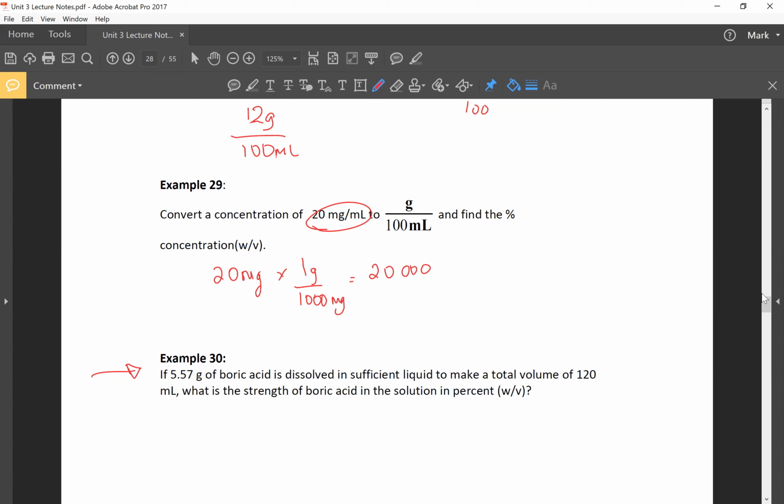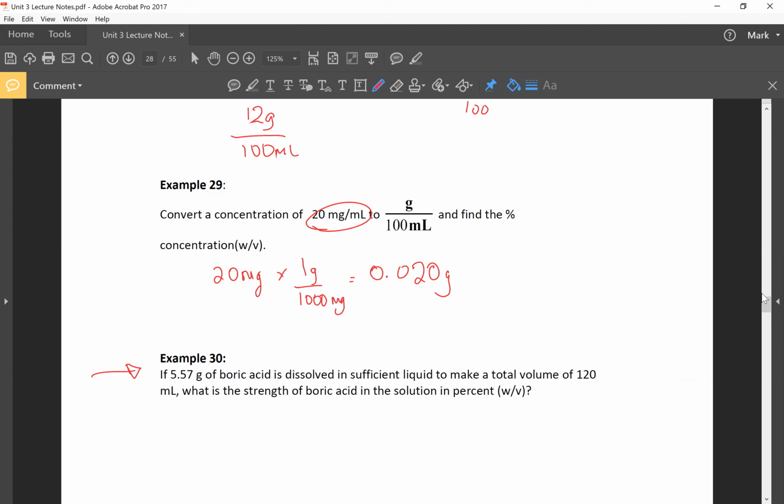Am I doing that right? Yeah. Oh, no, sorry. Not 20,000. I am doing that wrong. All right, sorry. My brain isn't working after teaching at 7:30. I divide, of course. So this would be 0.02 grams.